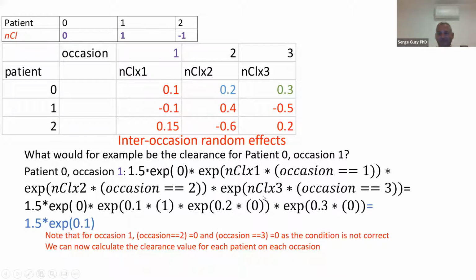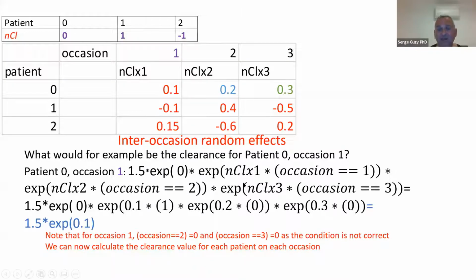The program is going to estimate the variance of both the between subject variability component as well as the inter-occasional random effect. The variance, and also for each patient, what are the individual random effects.